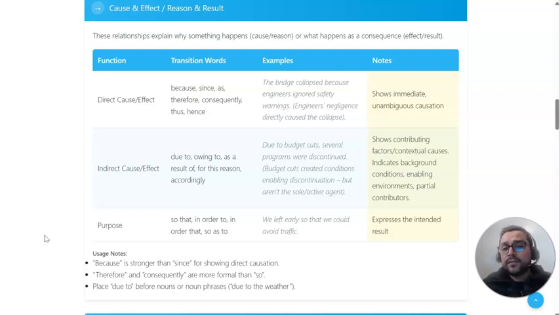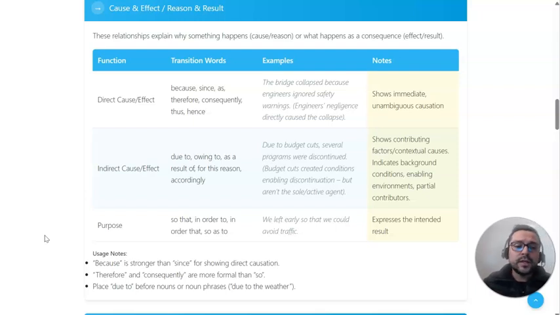Indirect cause and effect shows contributing factors or contextual causes; this function indicates background conditions, enabling environments or partial contributors. And finally, we have purpose with transition words like so that, in order to, in order that, so as to. For example, we left early so that we could avoid traffic. This expresses the intended result.